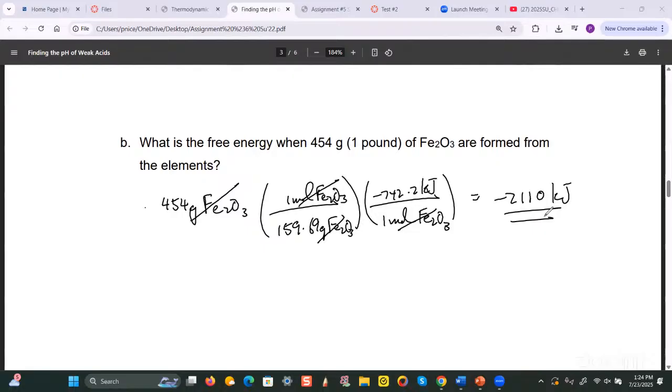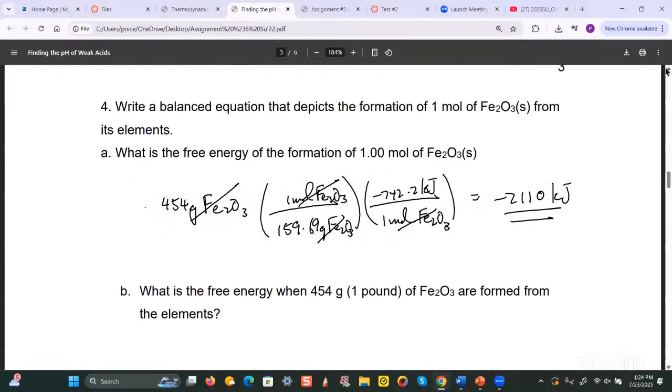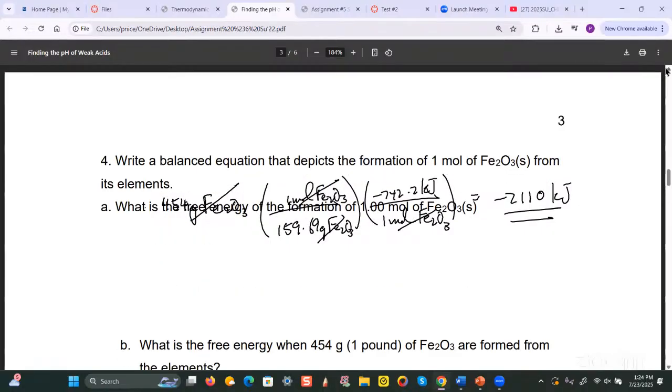Any questions? Yes, sir. Going back to question 3. When I calculated the final answer, I got negative 269.7. The answer is supposed to be an absolute value of the standard entropy. For number 3, what did you say you got? I got negative 269.7, which is the same answer, but it's just negative.